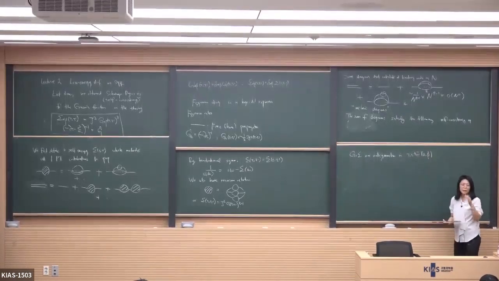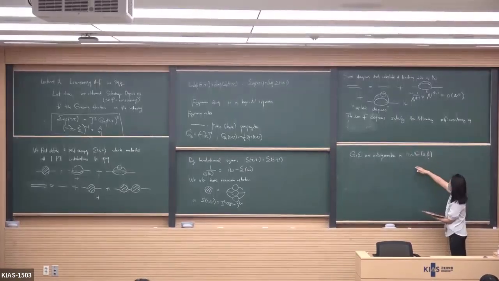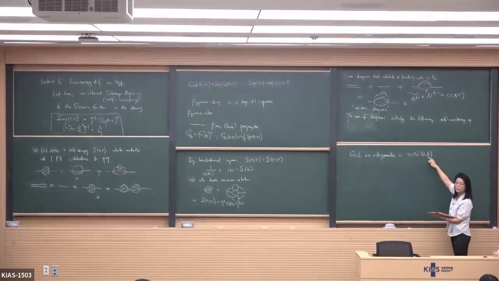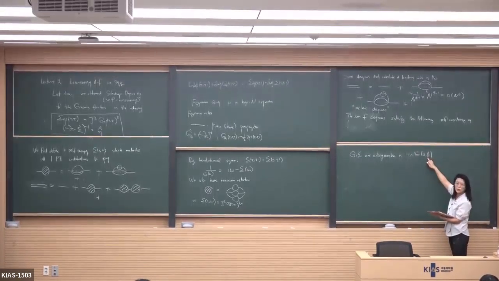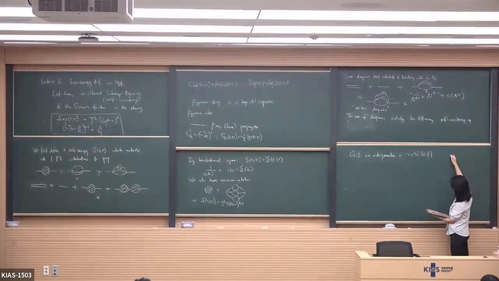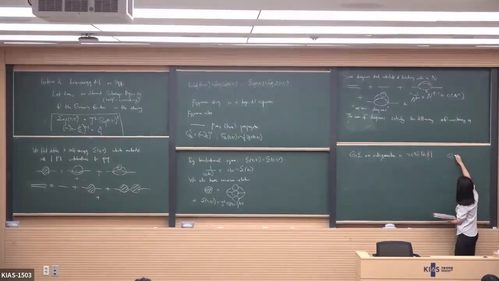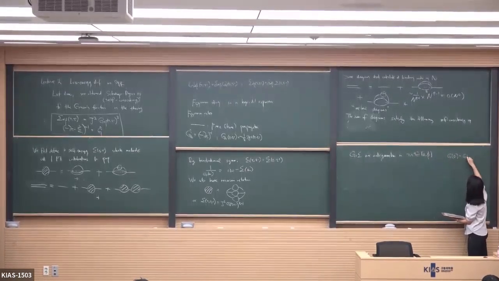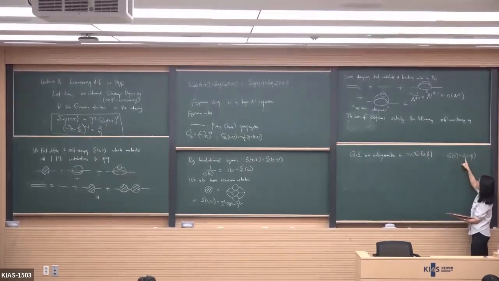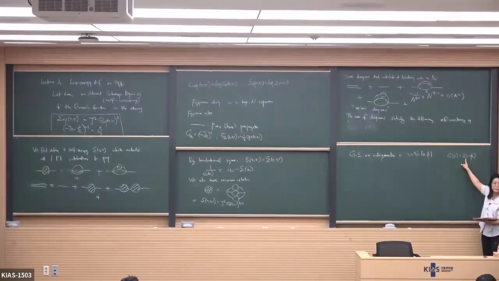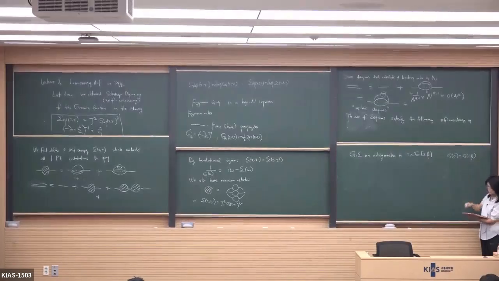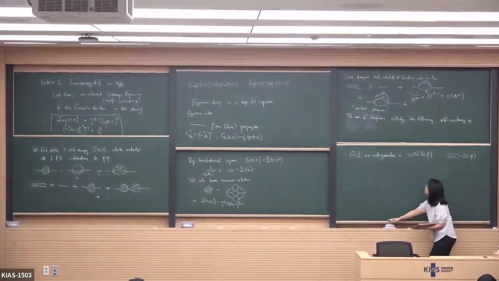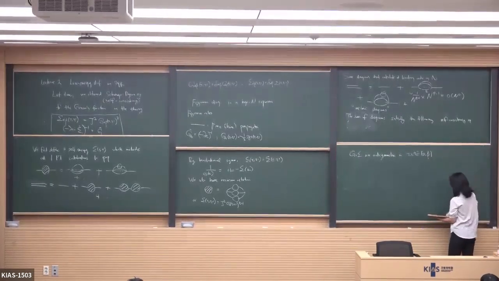And also remember that they have anti-periodic boundary condition over the thermal circle. So G, and similarly for sigma, with anti-periodic boundary conditions.